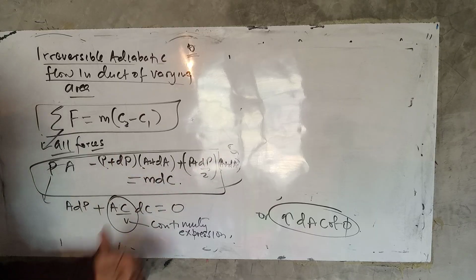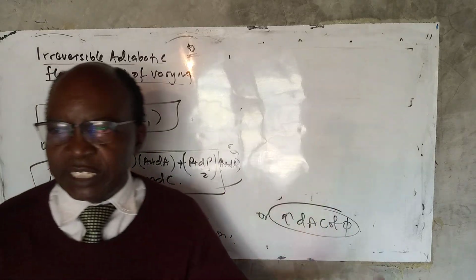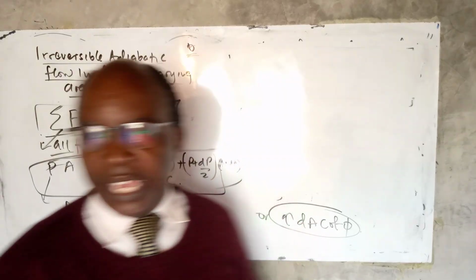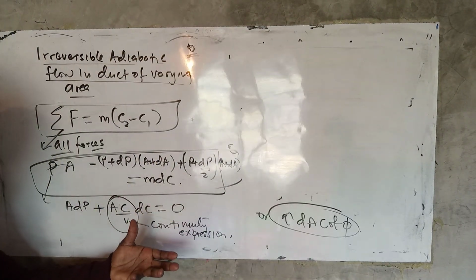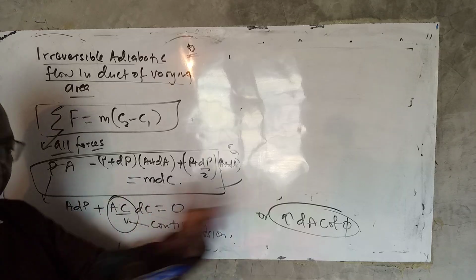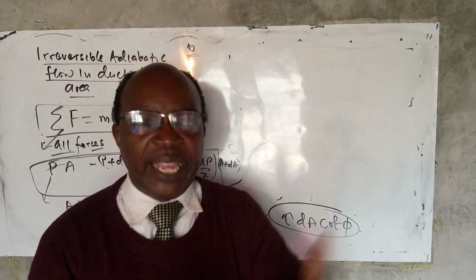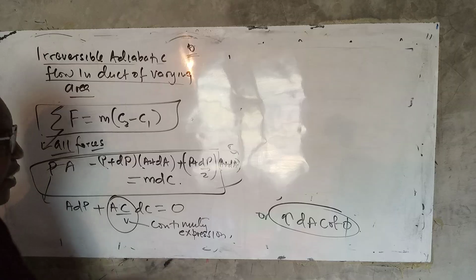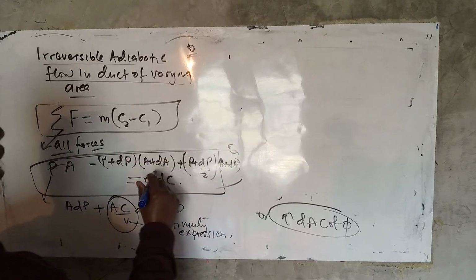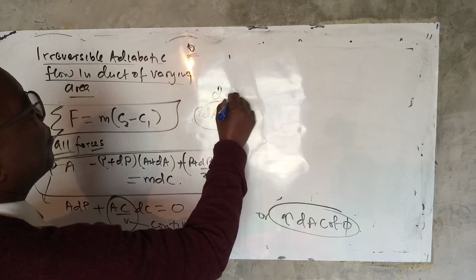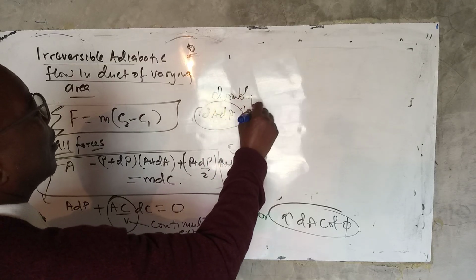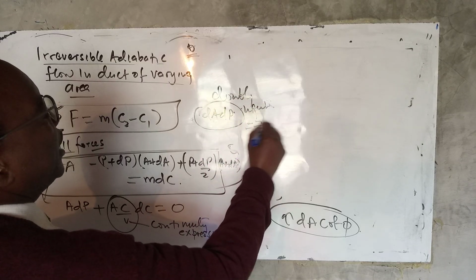And we said that those quantities which were doubly infinitesimal, the higher order infinitesimal quantities, vanished, because when you multiply smaller quantities, you get much smaller quantities. So the doubly infinitesimal quantities like dA dP are equal to 0.